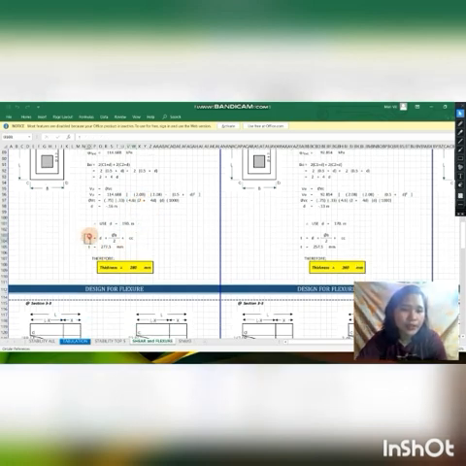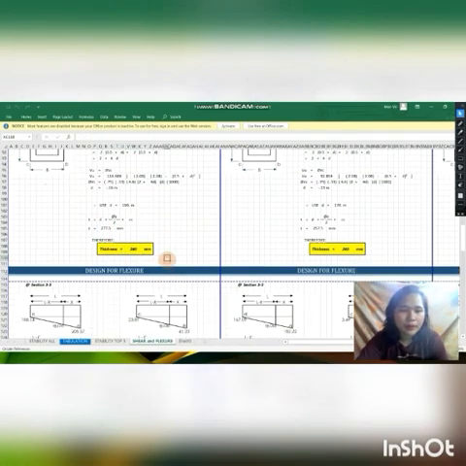For our thickness, we will be having this formula: D plus diameter of our bar over 2 plus our concrete cover, which will lead to the answer of 277.5 millimeters. So we will round this up and we will get the value of 280 millimeters. So we have the depth and the thickness.